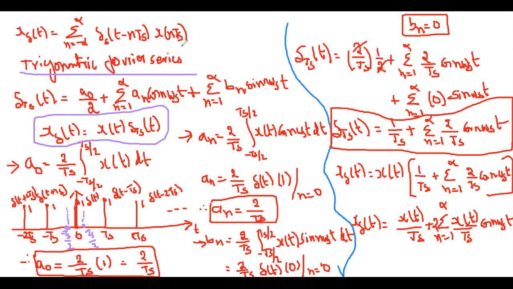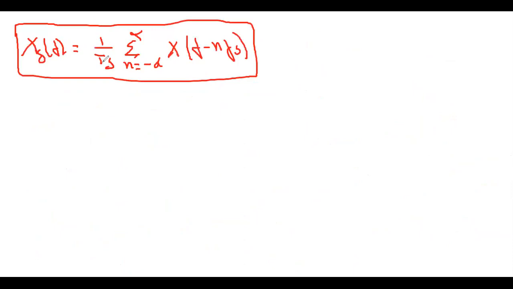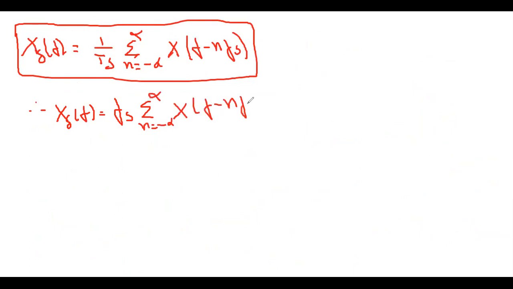Applying the Fourier transformation of this function, we got X delta of f is equal to 1 by ts times the sum of n from minus infinity to infinity of X of f minus n into fs. Otherwise, you can write X delta of f is equal to, since 1 by ts is nothing but fs, fs times the sum of n from minus infinity to infinity of X of f minus n into fs.